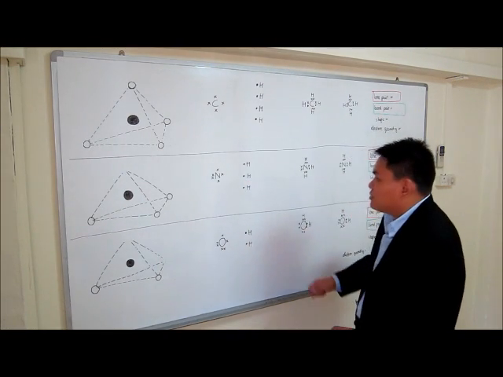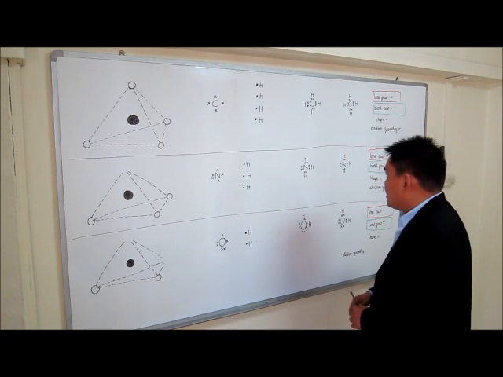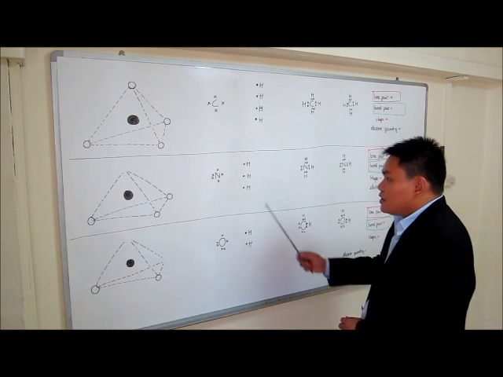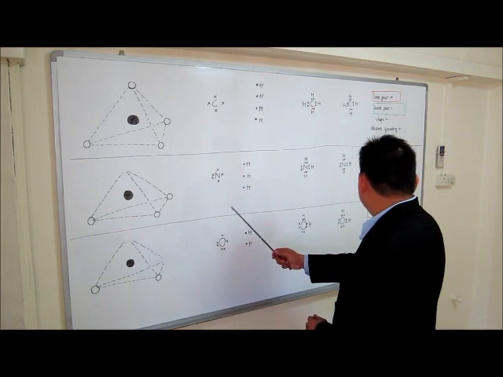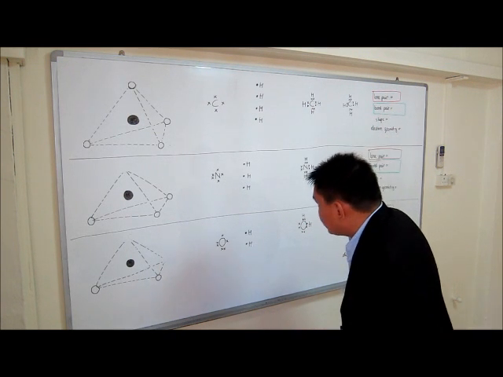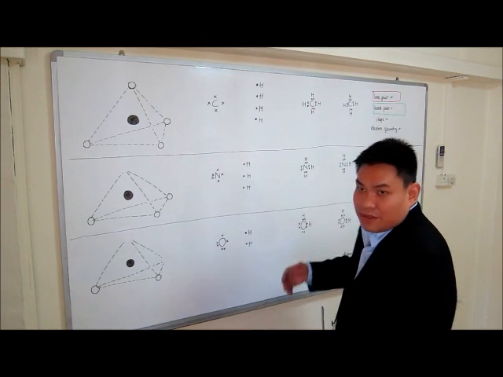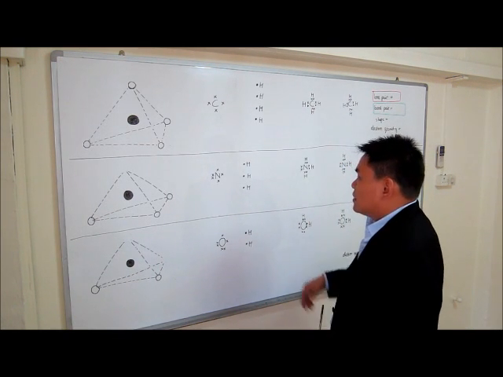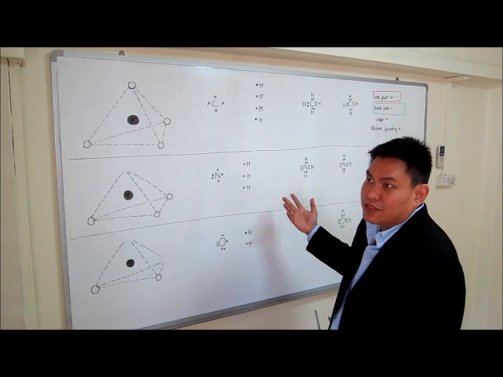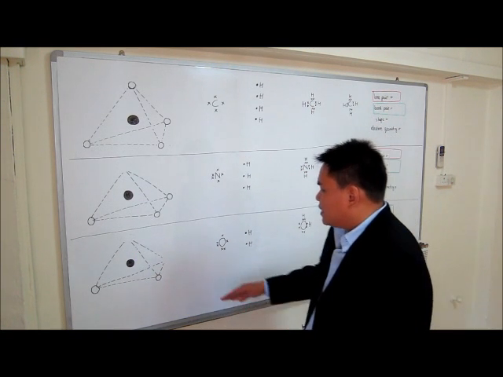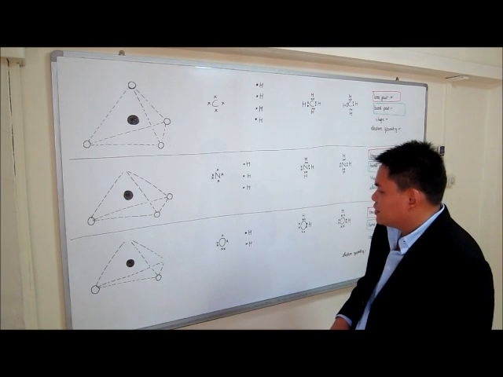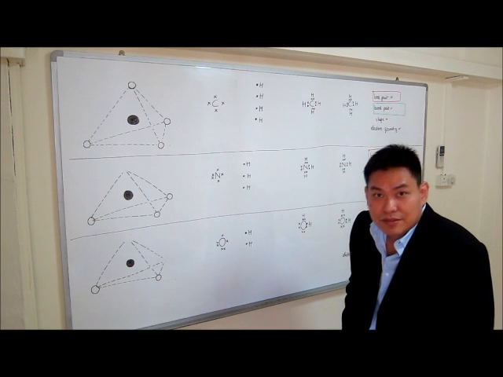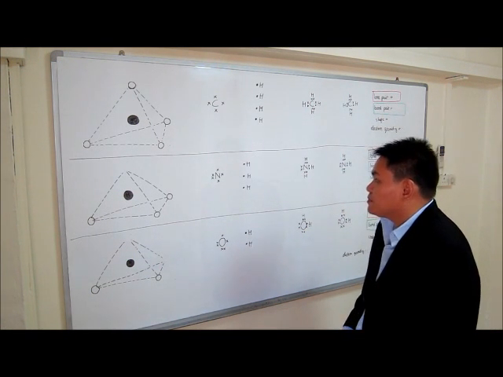The next one is NH3, the ammonia molecule, and it will have a shape of trigonal pyramidal. Again, we are going to learn how to draw the dot and cross diagram and tell how we can tell that the shape is trigonal pyramidal. And the last one is called bent, and the example that we use today is H2O.